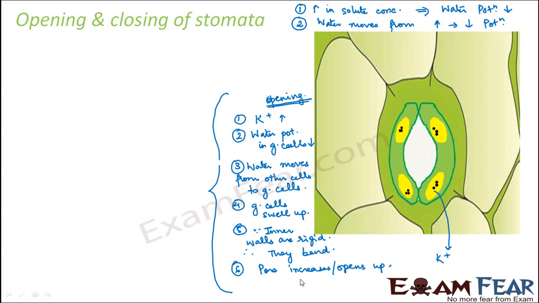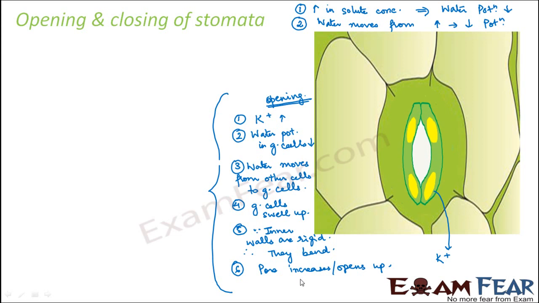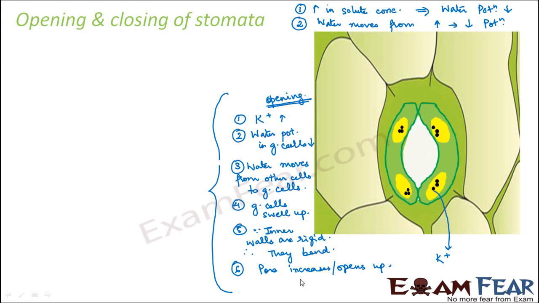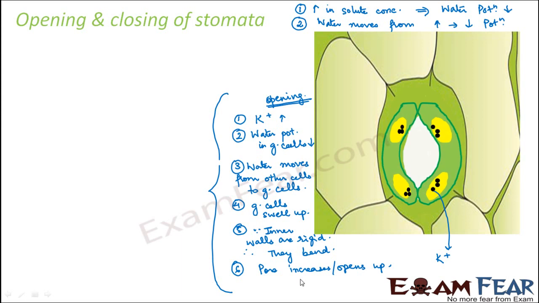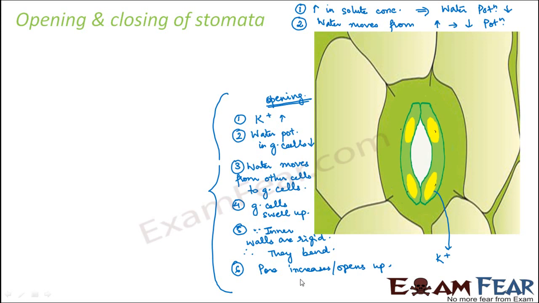In most of the plants it opens in presence of sunlight, but there are plants where the stomata open at night as well. So we can say that the presence of sunlight and the concentration of potassium ion is not the only factor which can govern the opening and closing of stomata. There are other factors as well.